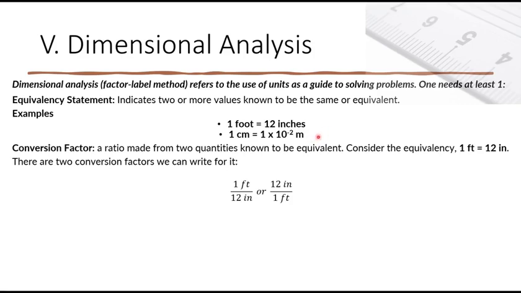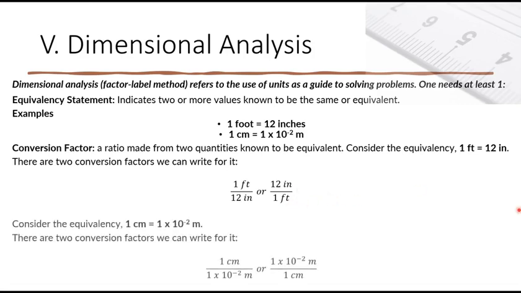From the equivalency statement, we can then set up a conversion factor. So consider 1 foot equals 12 inches. We may set the conversion factor where we have the ratio with the 1 foot on top and the 12 inches at the bottom. Or we can flip it. We can put 12 inches on top and the 1 foot at the bottom.